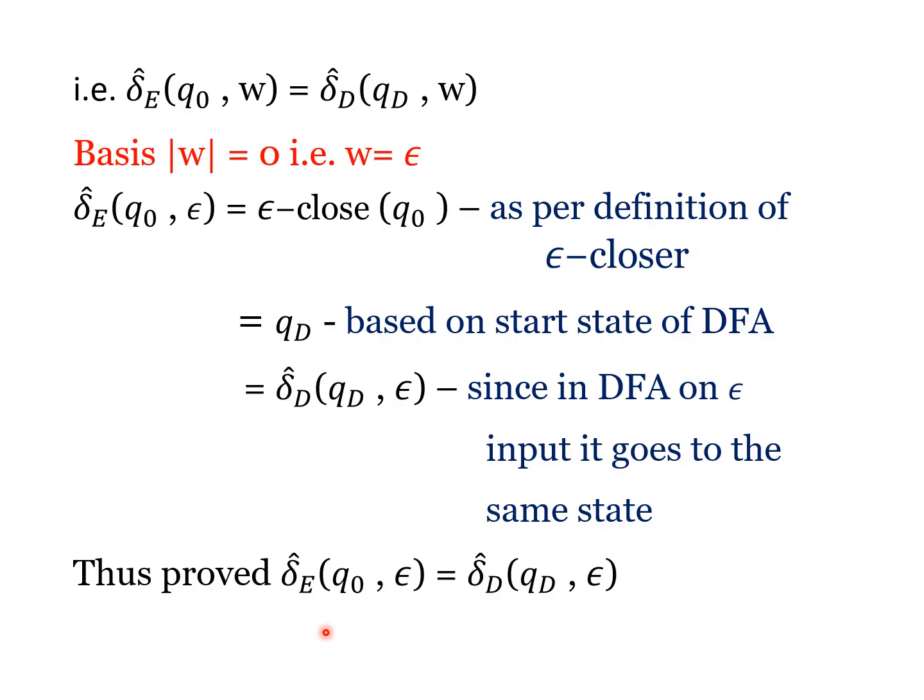Thus we have proved the basis. From the starting state Q0 on input epsilon in the epsilon NFA, and in the same way in the DFA, both reach the same thing. Thus we have proved this.